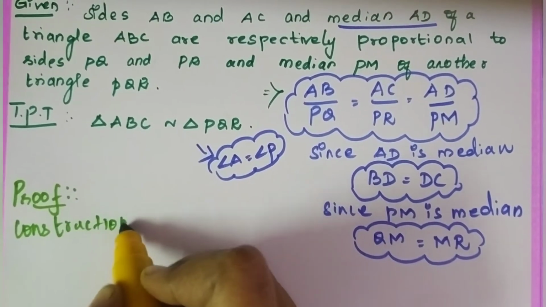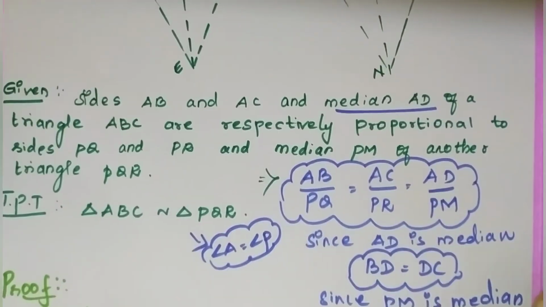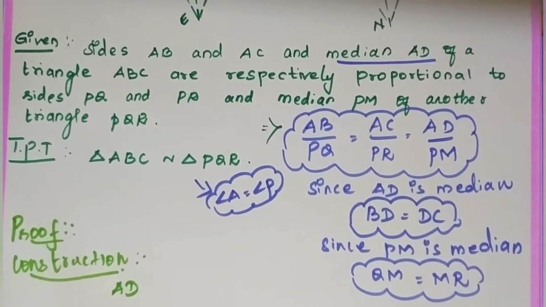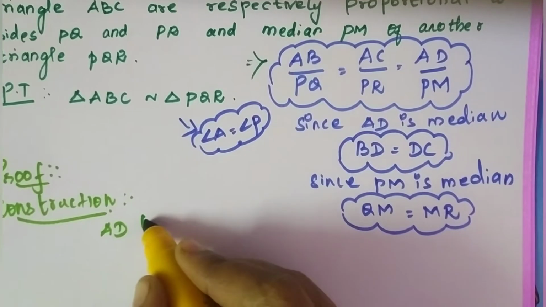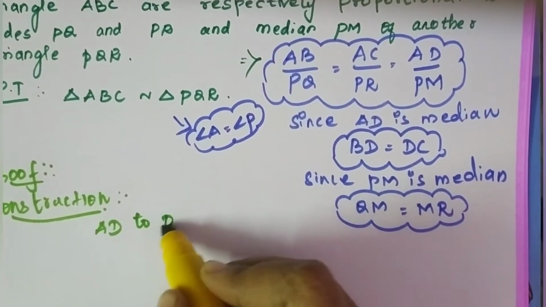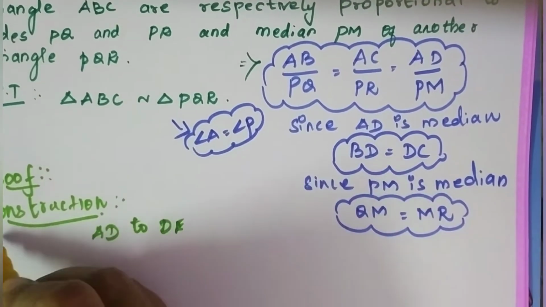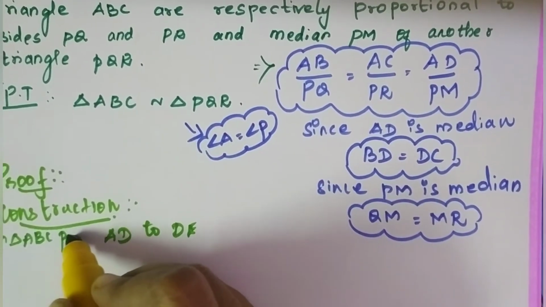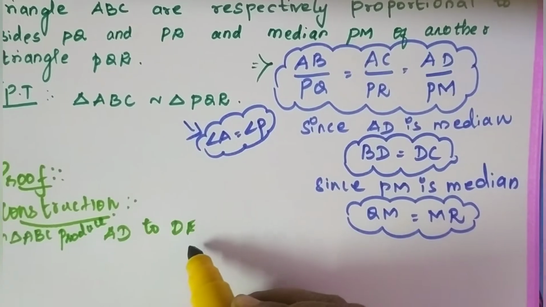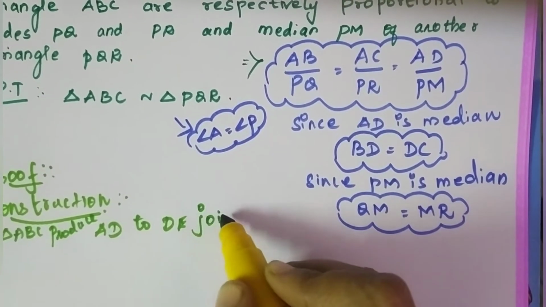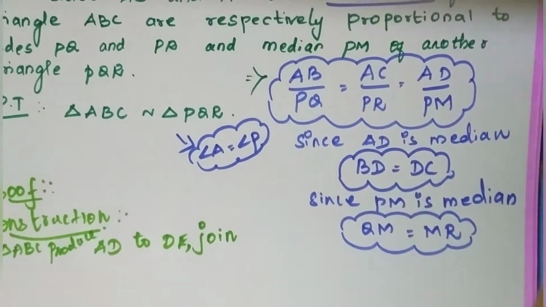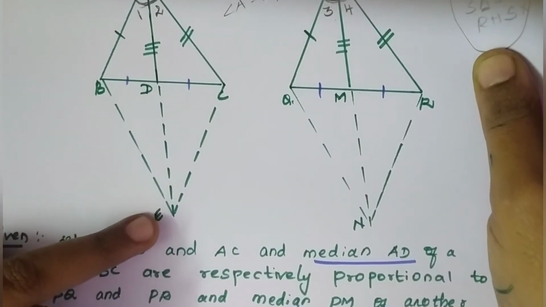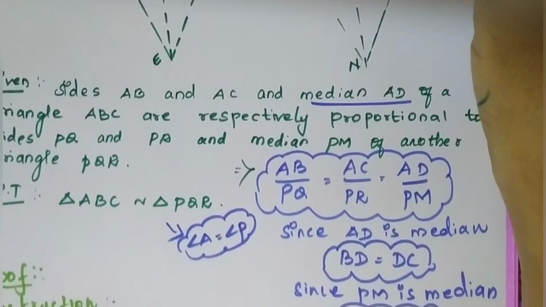I'm going to construct a line: in triangle ABC, produce AD to E. You have to produce the line AD to DE. Clear? And then you have to join CE and BE.